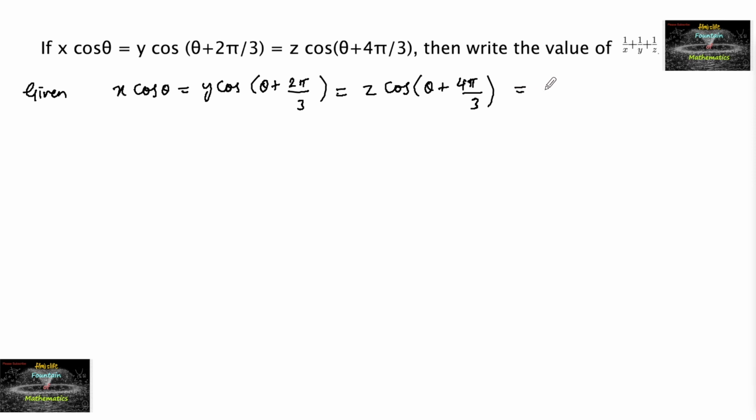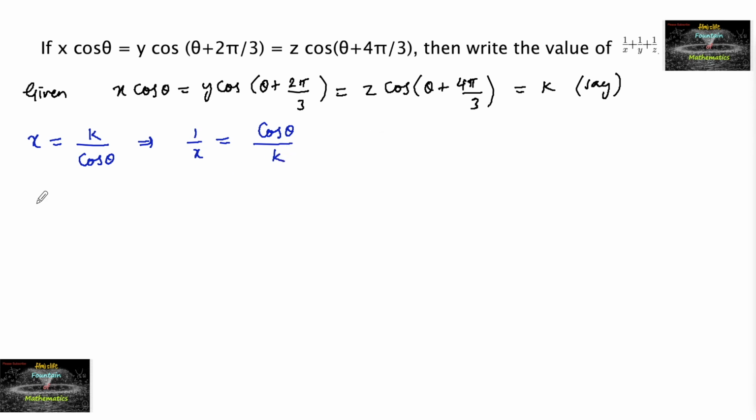And let us consider all these are equal to some constant k. So we have x is equal to k upon cos theta, which implies 1 upon x is equal to cos theta upon k.